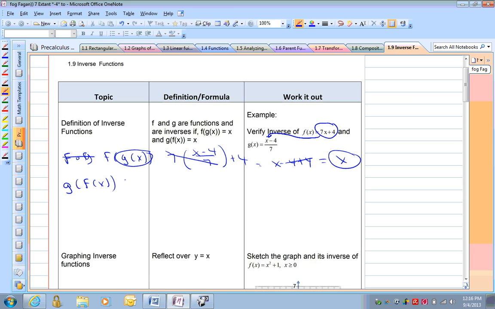So we would have 7x plus 4 and then minus 4, all over 7. Well, the 4's would cancel. We would have 7x over 7, and the 7's would cancel, and we would once again have x. And they are both equal to x, so yes, they are inverses of one another, so go Bearcats.